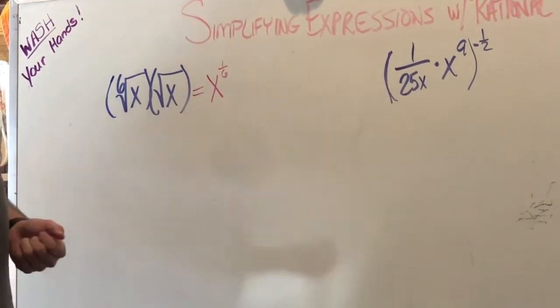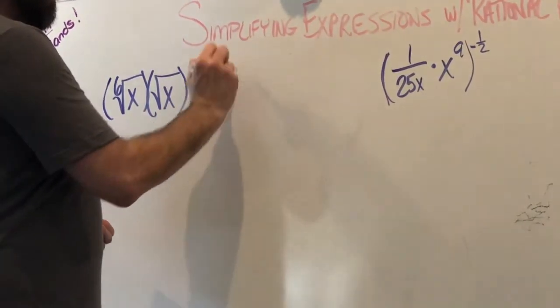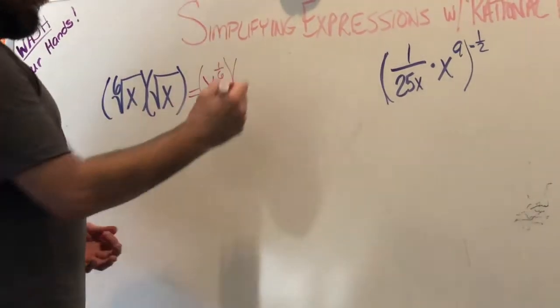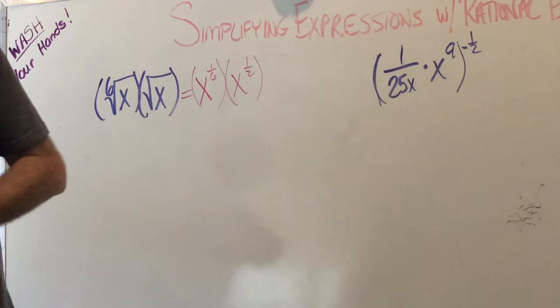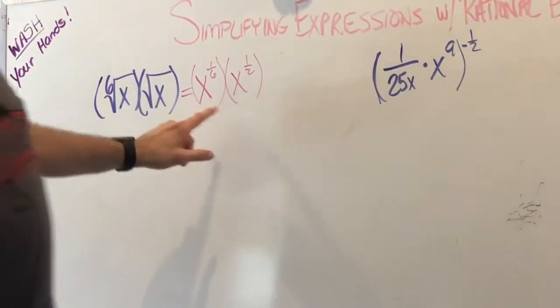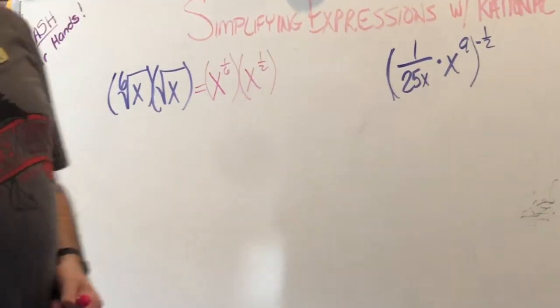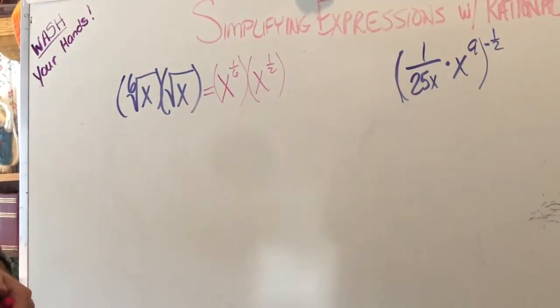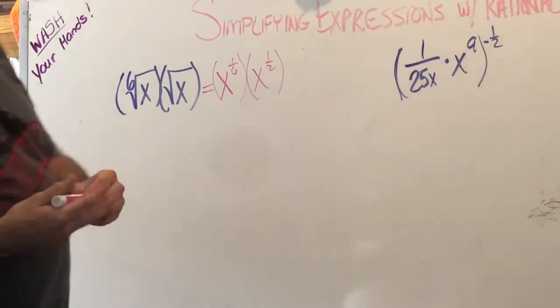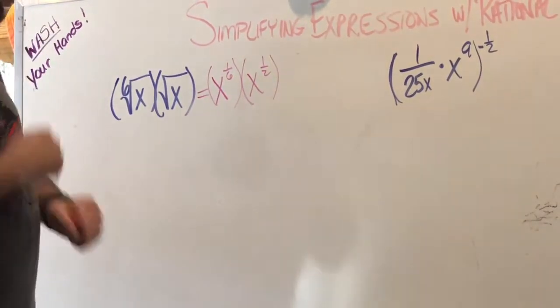The square root of x is x to the 1/2 power. Now I've got exponents, and I've got the same base. What can we do with terms being multiplied together that have the same base? What can we do with their exponents? Oh, we add them. That's one of the properties we talked about yesterday.